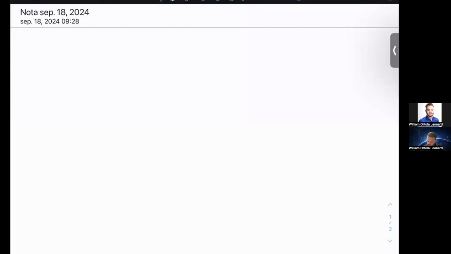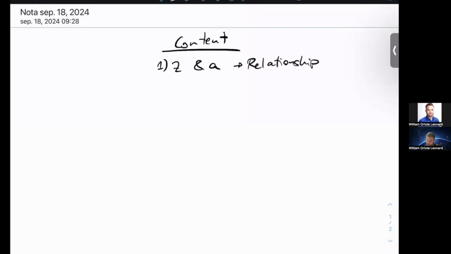All right, so the content for today is going to be: first, we're going to look at the relationship between the redshift Z and the scale factor A. So we're going to find that relationship. Then we're going to derive the first Friedmann equation, which I'm just going to denote by F1.